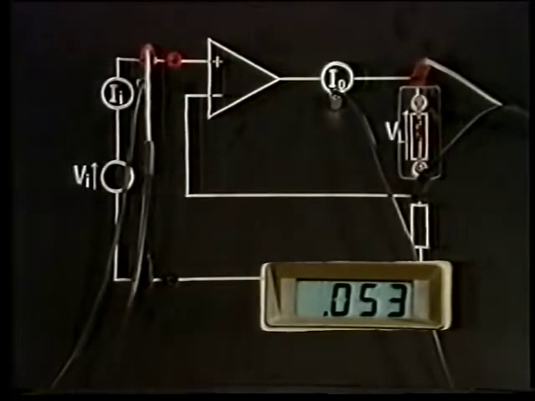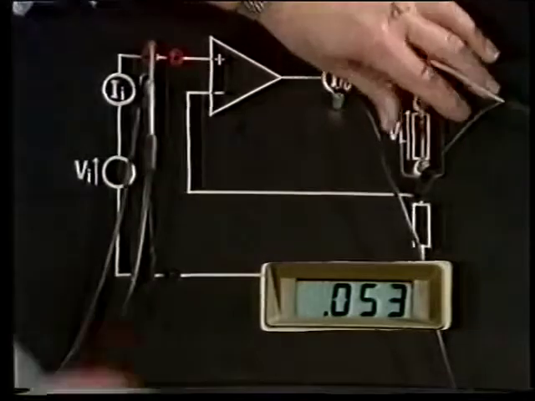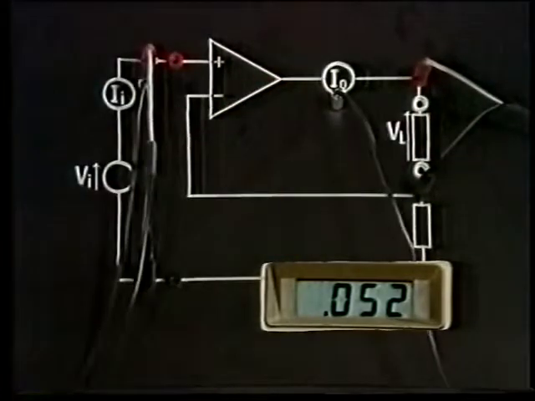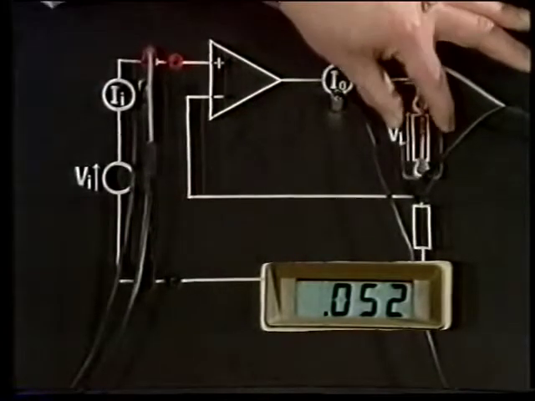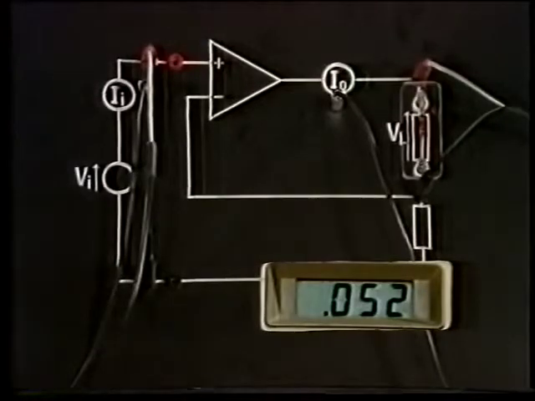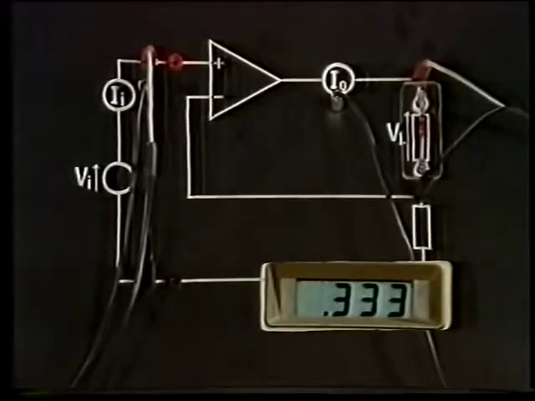Now I'll try 10 kilo ohms. Well, the input current's the same, about 50 microamps, and the output current, well, that's actually settling at about 330, so it's dropped quite a bit.